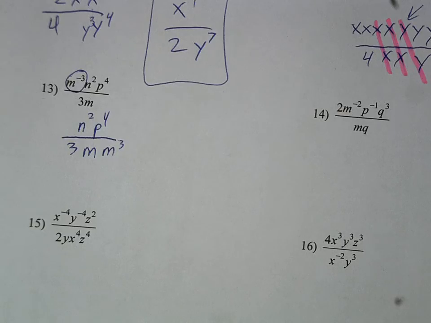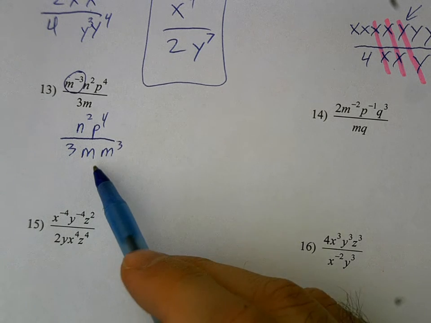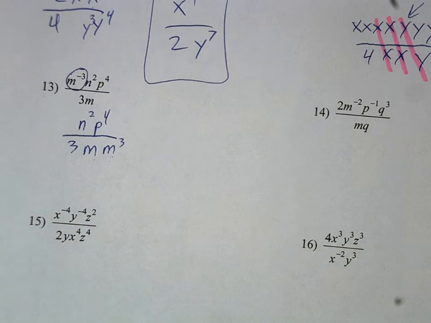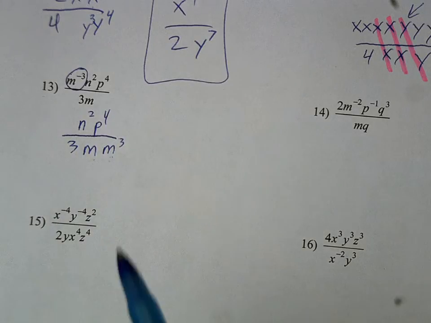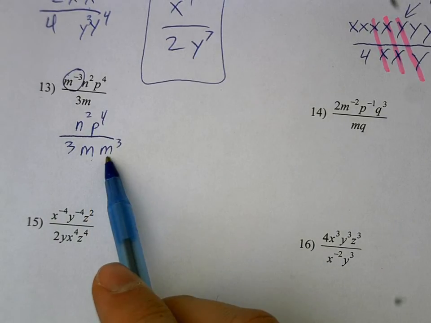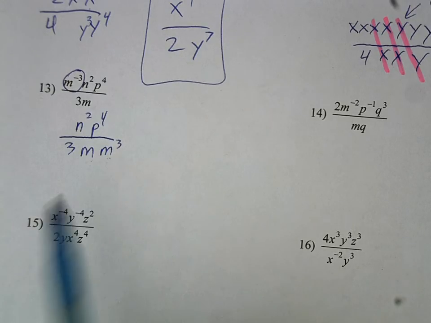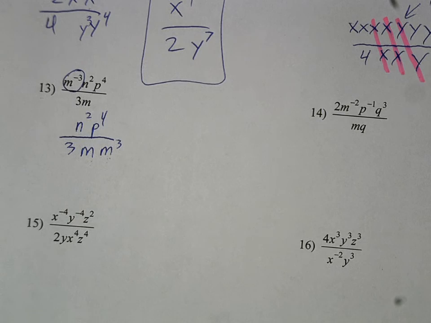Yeah. So the only thing I can do now is combine the m's. How do I put these two together? So that's what it would be if it was just one m times another m. Yes. Sorry, it took me a second because you included the 3 in there. But that's right.